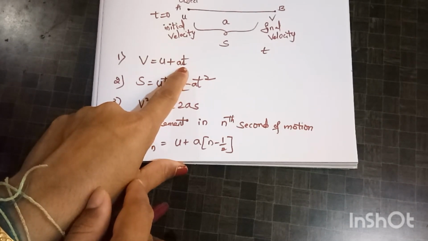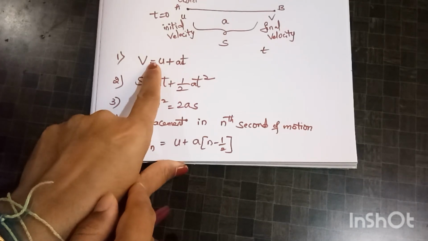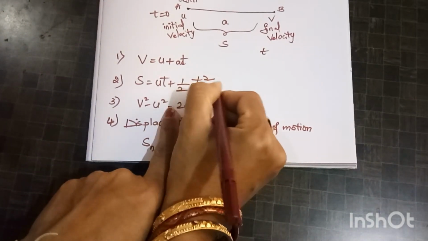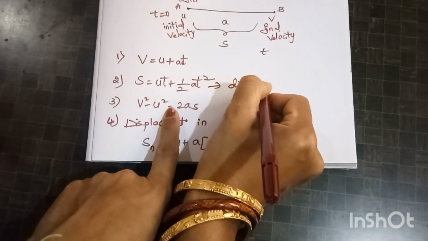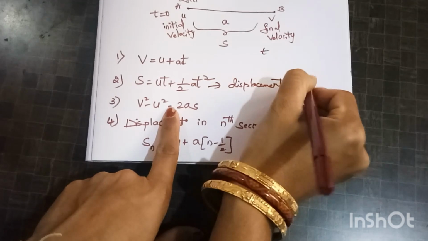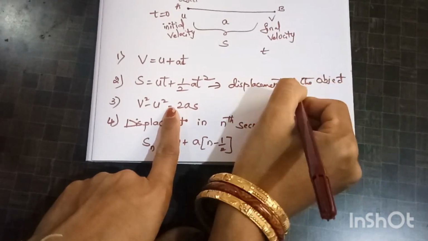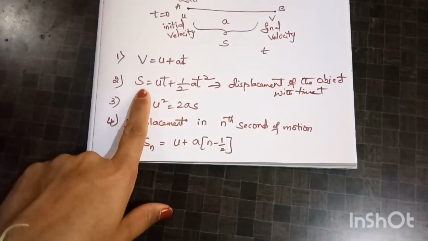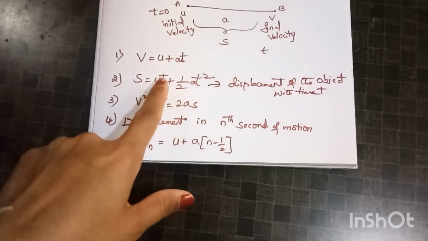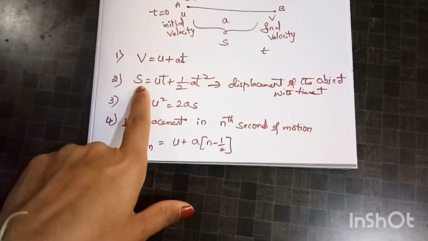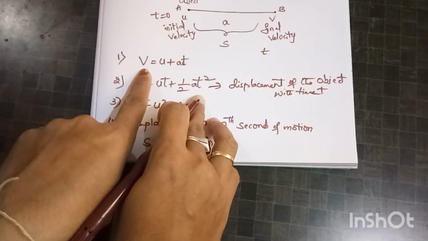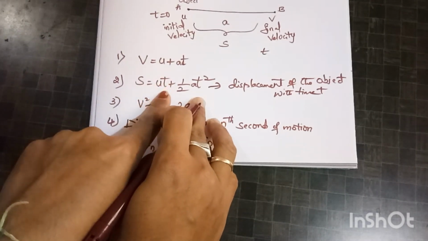Next, the second equation gives the displacement of the object at time t, that is s equals ut plus half at square. In this equation you can observe that you have displacement, uniform acceleration, initial velocity and time. There is no term v in the second equation.